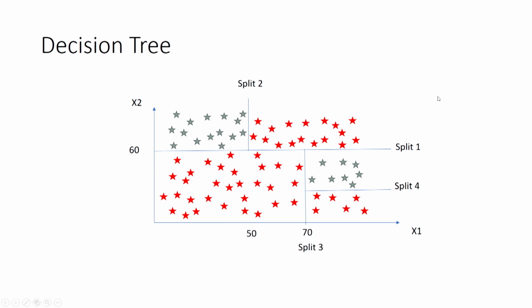Now, we will see in detail how this split is done, because we have seen, in the case of regression as well as classification, how a decision tree works by splitting the data set into different subsets. So let us see that.